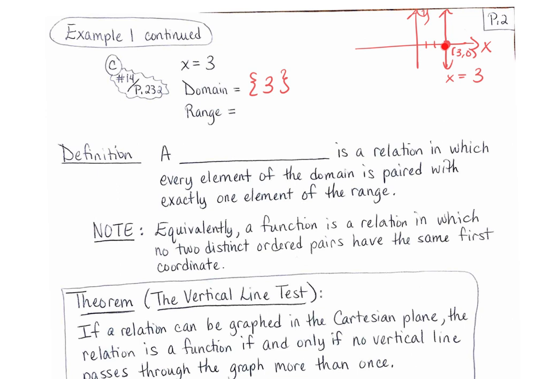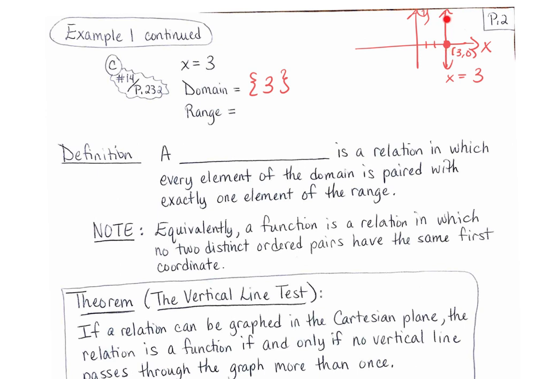Would it be all rational numbers? What kind of numbers are you picking up from here? All real numbers. Good. So what you're saying here is that you can have any y value and x is always 3.